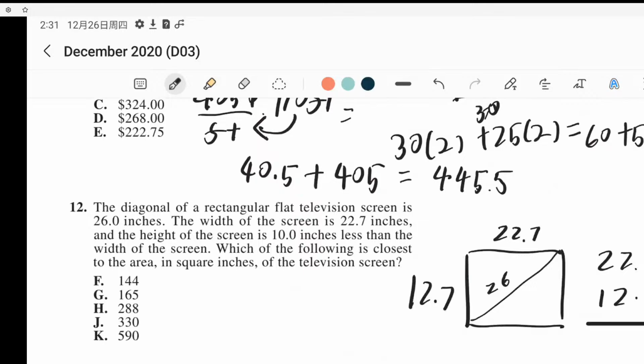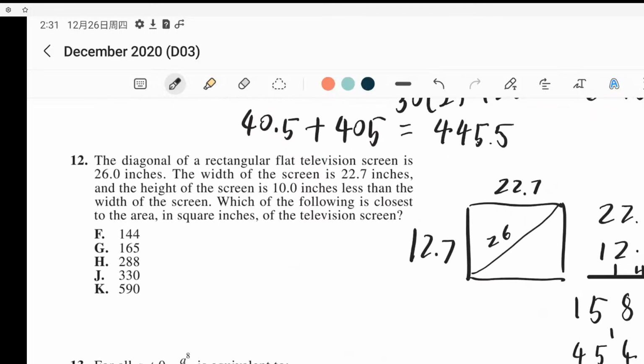This should give us, let's calculate it. 288.